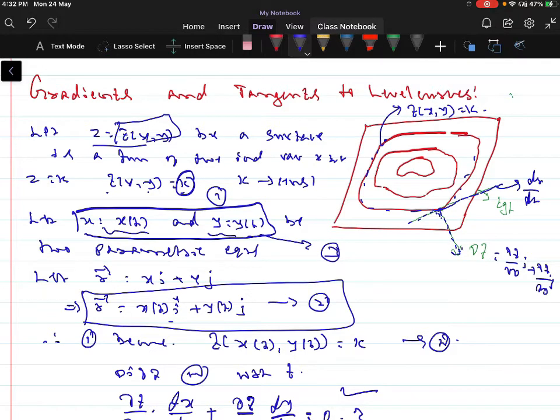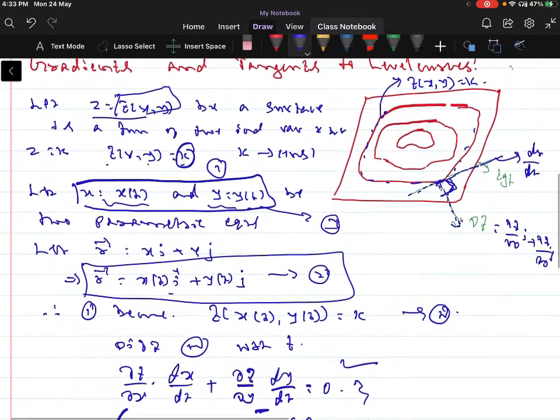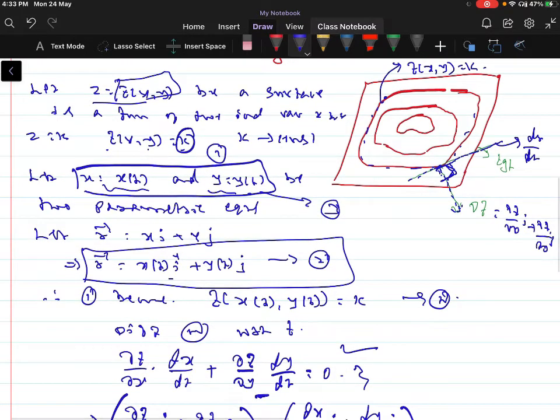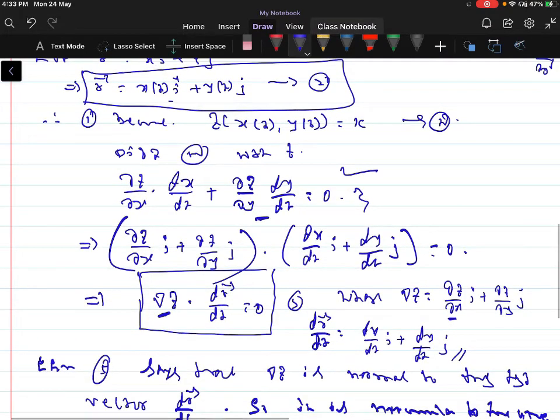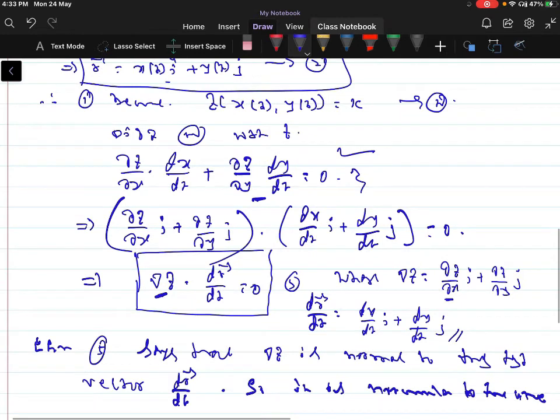Gradient vector and tangent vector are perpendicular at every point on the contour curve. So geometrically we can define like this. Mathematically we know that gradient of f dot dr/dt is equal to 0. It means gradient of f is normal to the tangent vector dr/dt.